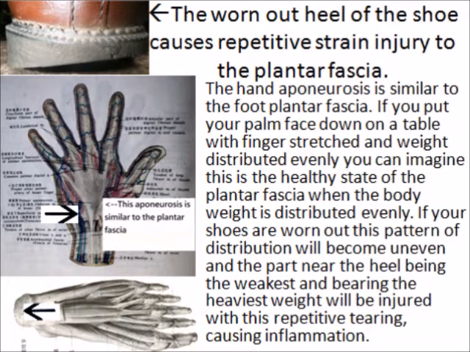If you look at the middle picture, it is the aponeurosis of the hand. If the weight of the hand is evenly distributed, there won't be any point of pressure, point of stress.